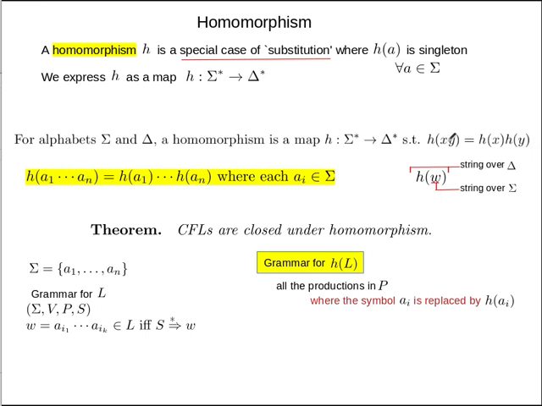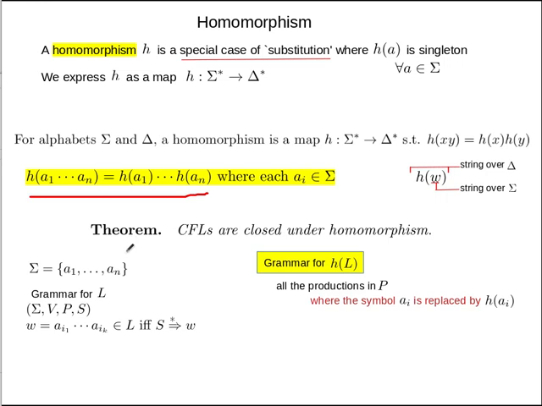If we recursively apply this, we see that this is actually the concatenation of hA1, hA2, up to hAN. So this is important. As I said, this is a special case of substitution where the language for each symbol is a singleton, which we write not as a language but just as a string.